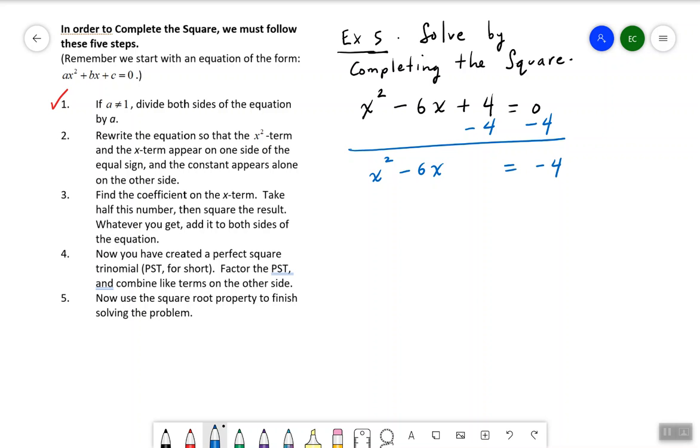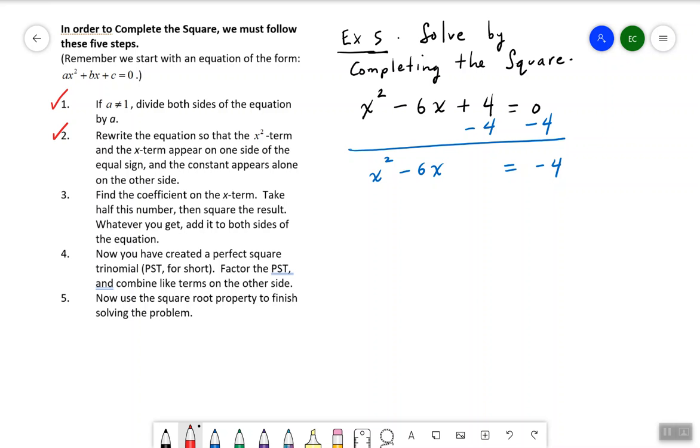And so we have finished the second step. Now in step 3, we create a perfect square trinomial, and then in step 4 we factor that perfect square trinomial.